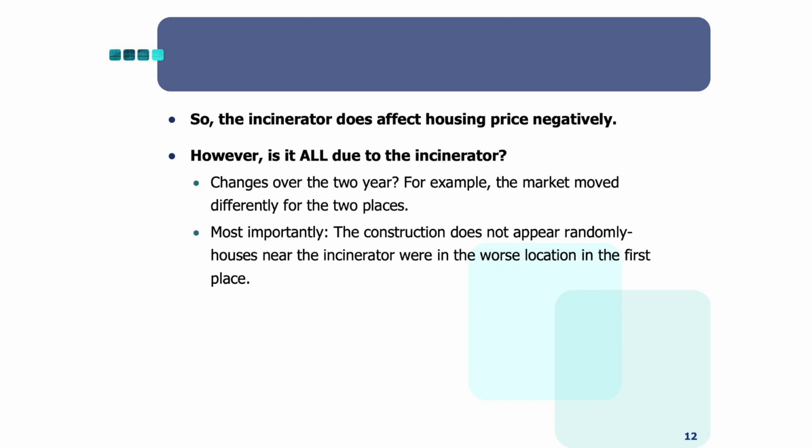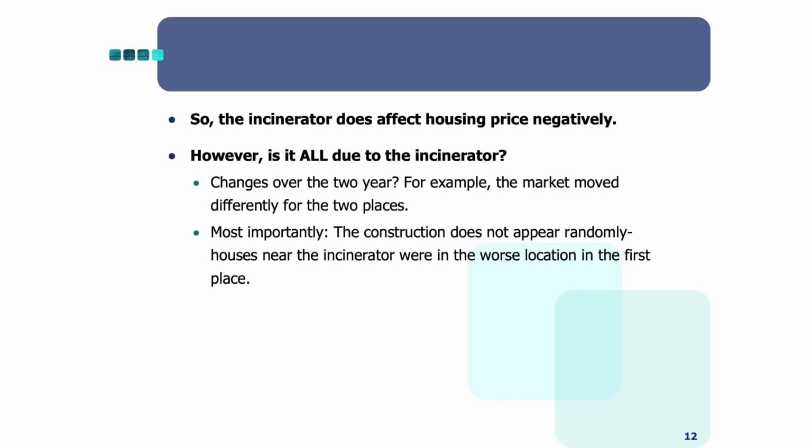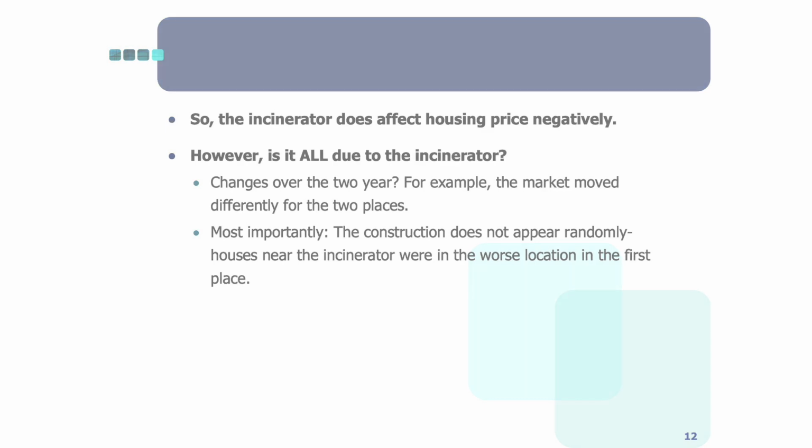This is unlikely for the same reason that we talked about before. The change in the price may be due to either time trend or some pre-existing differences for the houses. Specifically, the construction does not appear randomly, such that houses near the incinerator were in the worst location in the first place. And these houses may have a lower future price even if there was no incinerator.